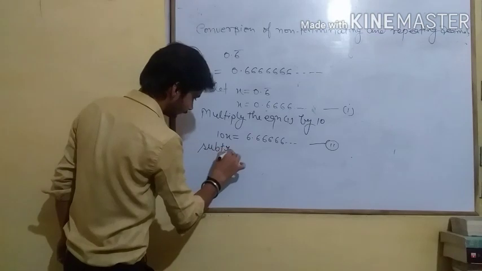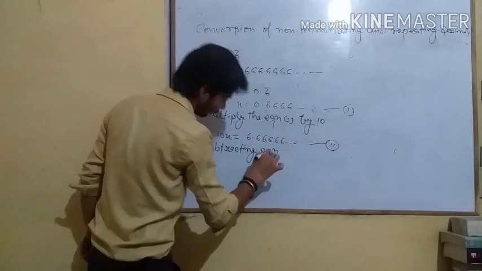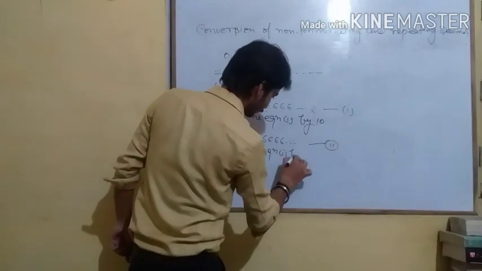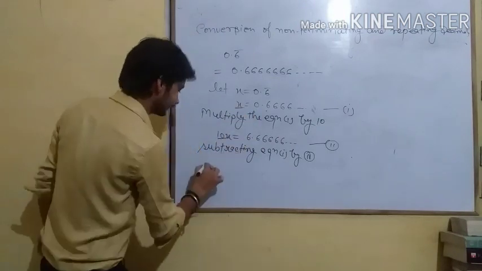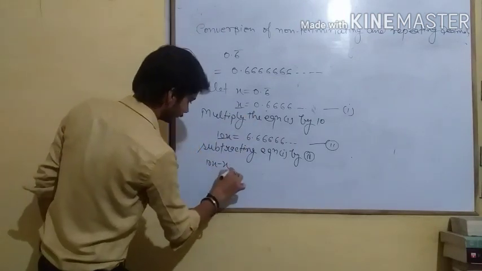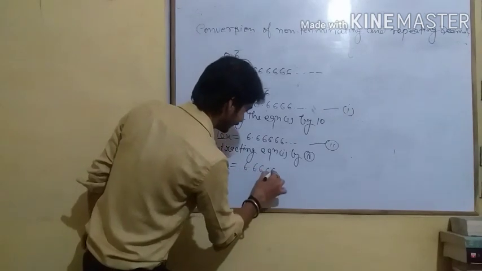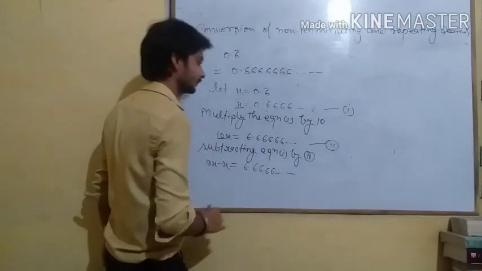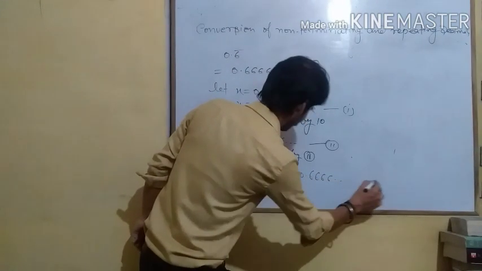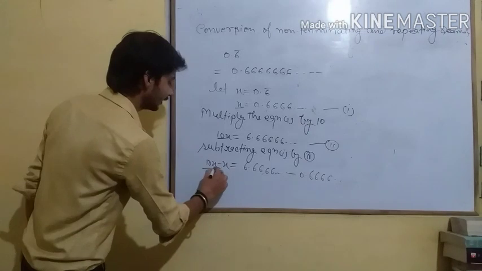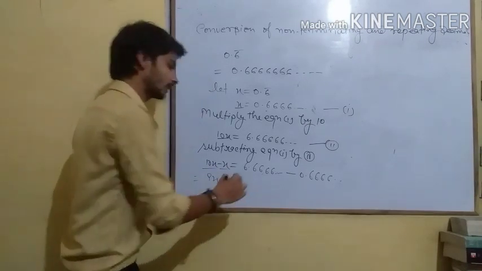Subtracting equation 1 from the second, 10x minus x is equal to 6.6666 dot dot dot minus 0.6666 dot dot and so on. And we get here 10x minus x is equal to 9x is equal to 6.